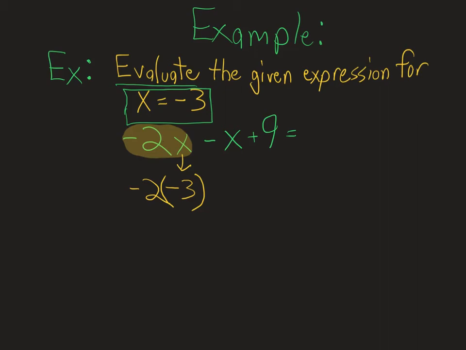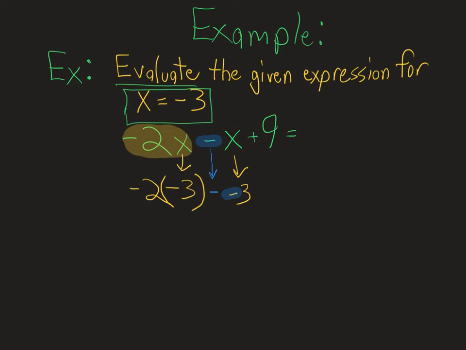Okay? Same thing. This x we're going to replace with another negative 3. And notice there are 2 different negative signs. We need to have both of them written, okay? We don't get rid of that first negative. We bring that one down as well.